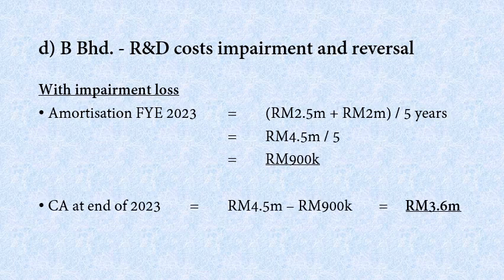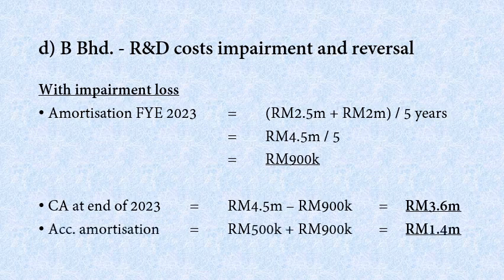So from there, we now have at the end of the year 2023 a carrying amount of 3.6 million and accumulated amortization of 1.4 million. These are the figures should we continue to recognize the impairment loss.